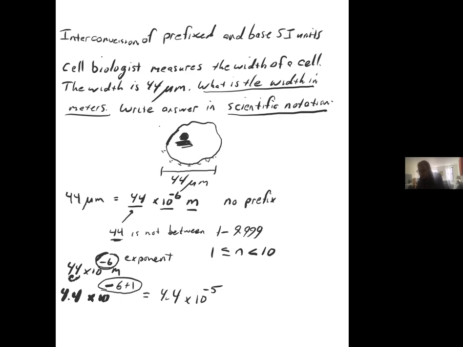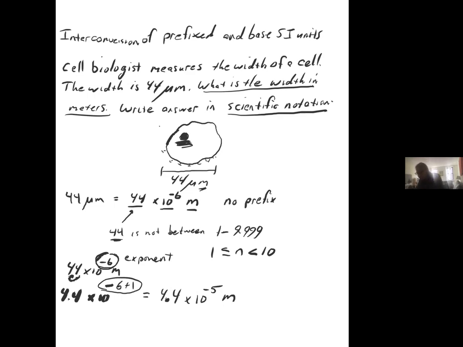The meters were still in there. So now you have 4.4 times 10 to the minus 5 meters. This fits the requirements of a scientific notation measurement because it's a number between 1 and 10, and it's times 10 to the x, where x is a whole number, right? An integer value. So 4.4 times 10 to the minus 5 meters would be the answer.